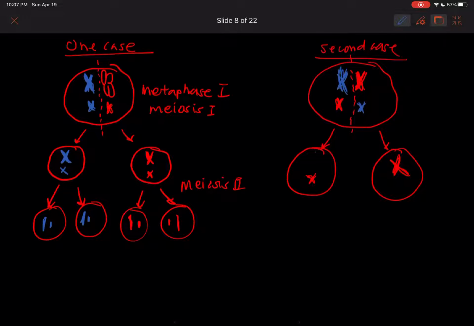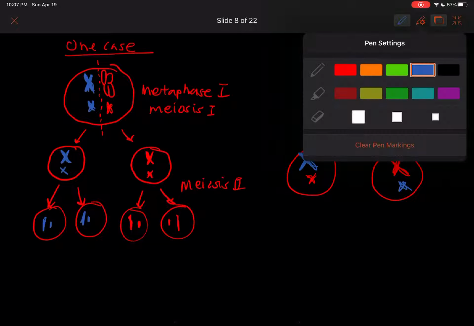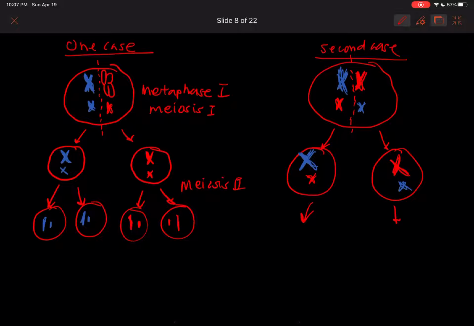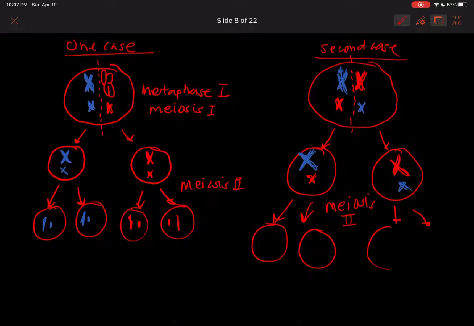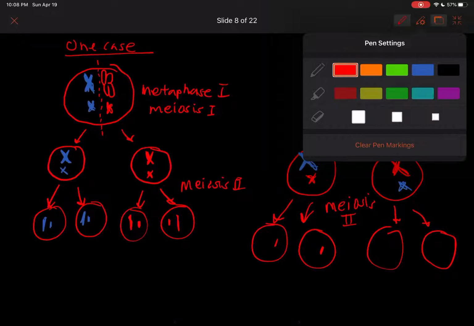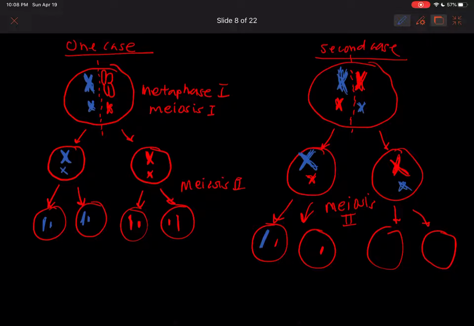The other one you have big blue chromosome and little blue chromosome. And during meiosis 2, you further split into your 4 daughter cells, and one set of daughter cells will have the little chromosome from this cell, and then you have the large blue chromosome. The other cell you have the little blue chromosome with a red large chromosome.